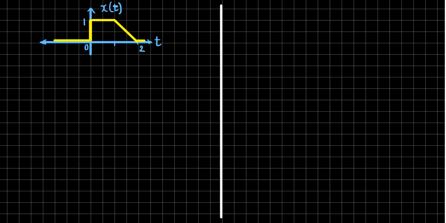If you try to amplify this signal by a factor of 2, the amplitude of the signal will get scaled by 2.